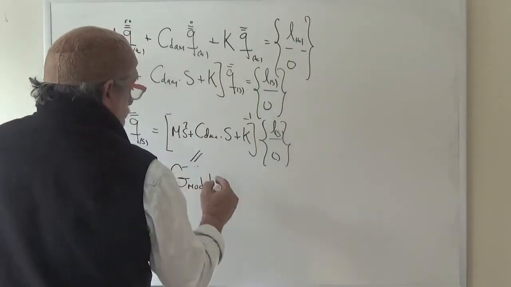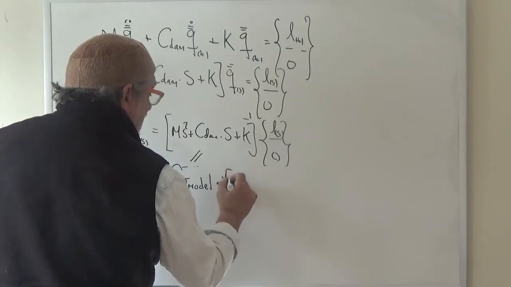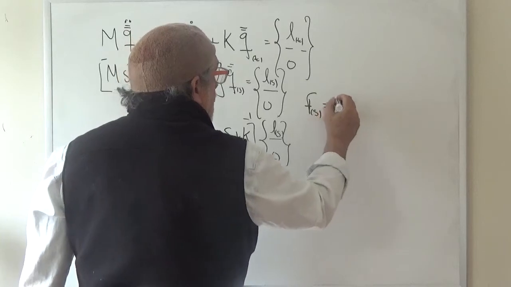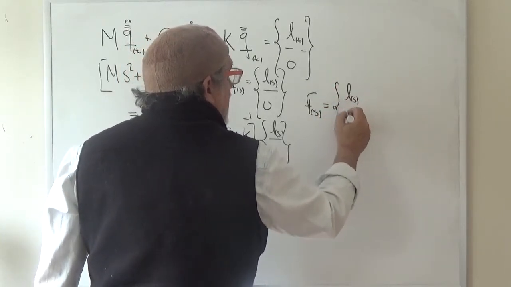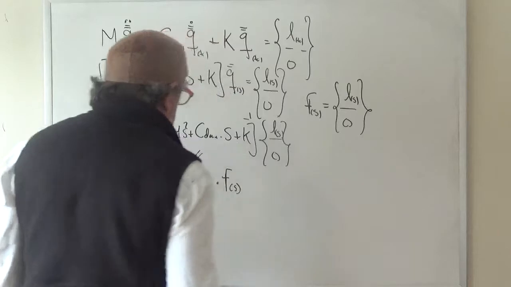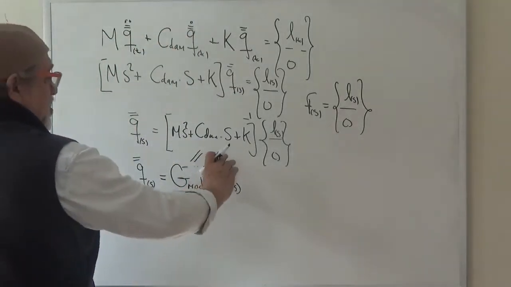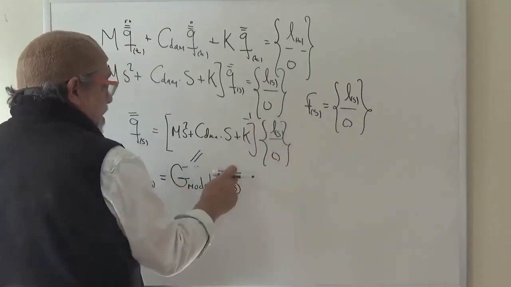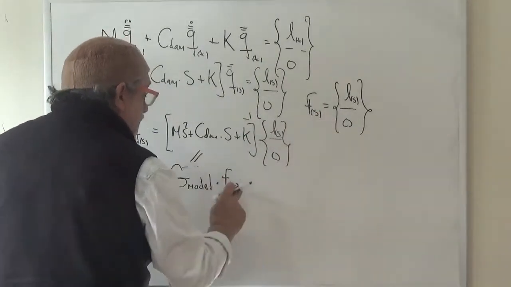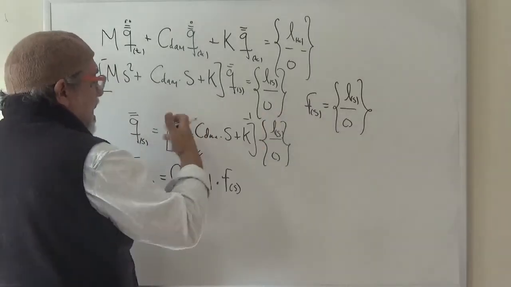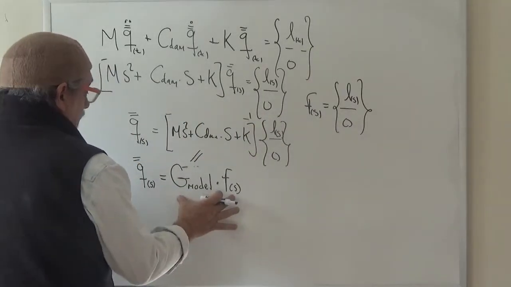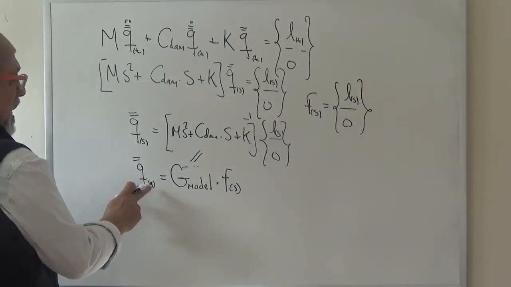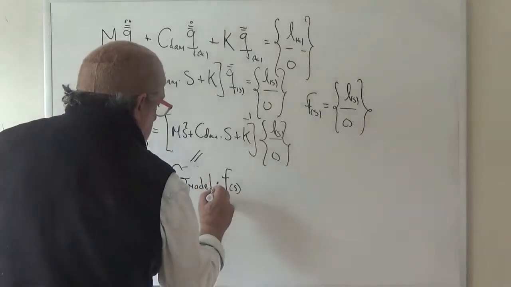Now, G of the model multiplied times F(s), and what I'm calling F(s) is equal to the vector L(s) and zeros, which in practice I don't need to have segregated. This vector simply means this is equal to L(s) at the measured coordinates and is equal to 0 at unmeasured coordinates. So this can be in any order you want, right? Now this is the displacement field in the Laplace domain at the selected value of s. G of the model is a function of s, of course.